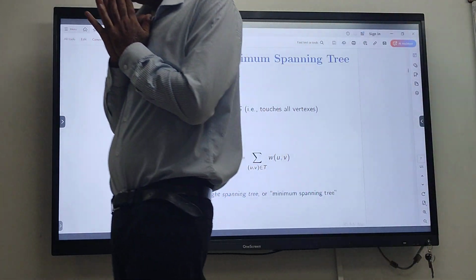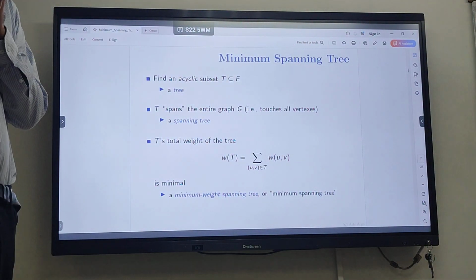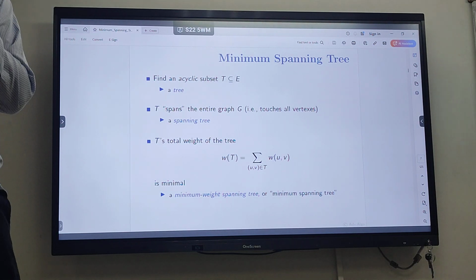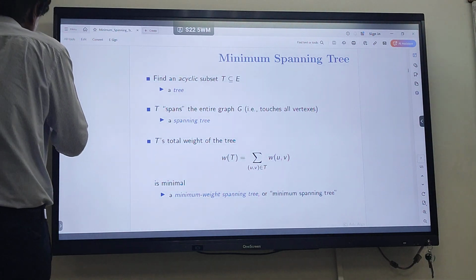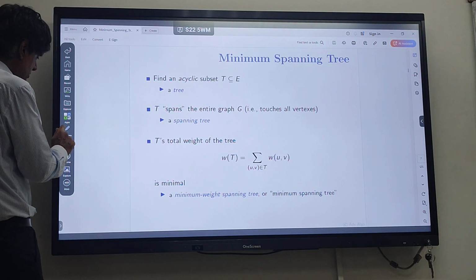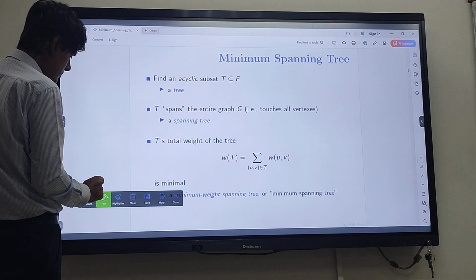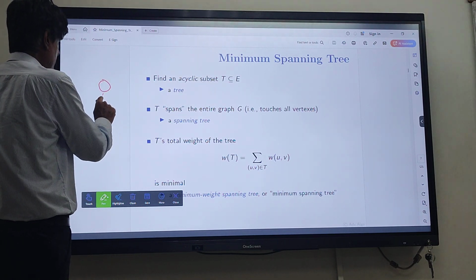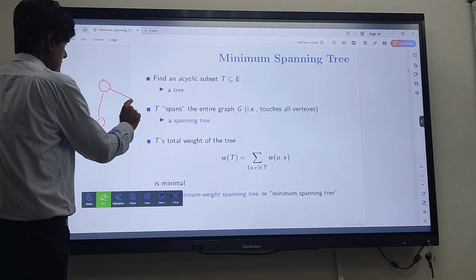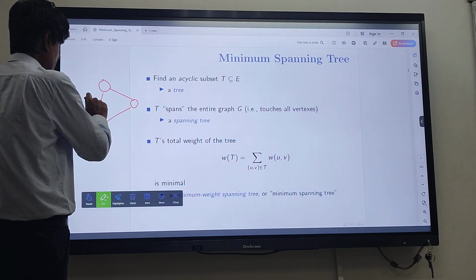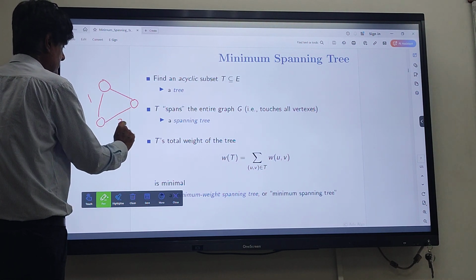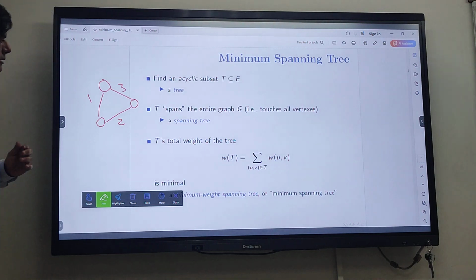Should I explain this further or is it clear? Could you give a small example? Yeah, sure. So this is a simple cycle. How many trees are possible? Two.